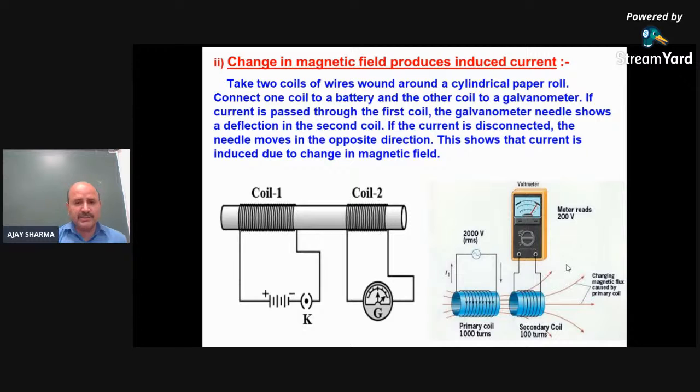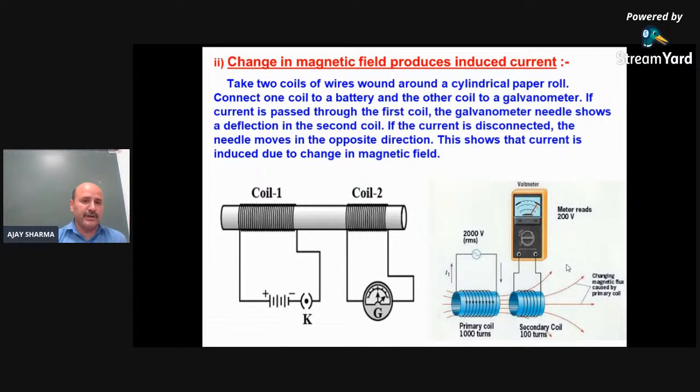Now why have we arranged these coils very close to each other? Because when I close the circuit, meaning I put on the key K, what will happen? Current will start flowing in coil number 1. As soon as current starts flowing, a magnetic field is generated, and this magnetic field gets associated with coil number 2.